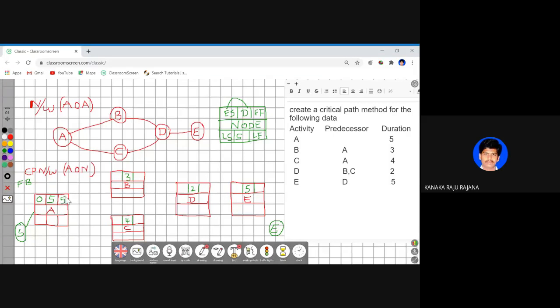Now, this activity is interconnected to B as well as to C. Therefore, the same 5 will be the early start of B activity as well as C activity. Is this clear? Any more doubts? Use your chat box and message me. Shall I proceed further?